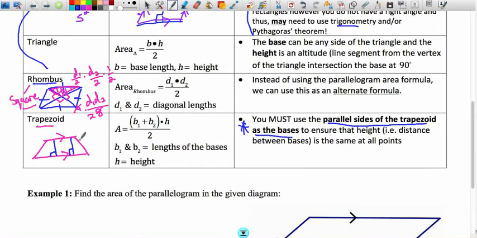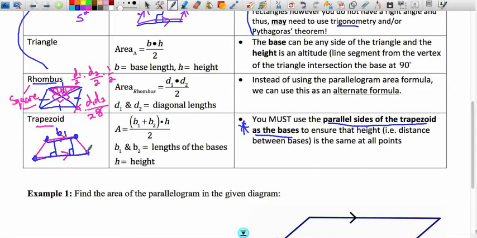Okay, so we must use the parallel sides as the bases in the formula, and essentially this is a variation on base times height over 2, only what we have to do is add the two bases. So let's say this is base 1 and this is base 2.